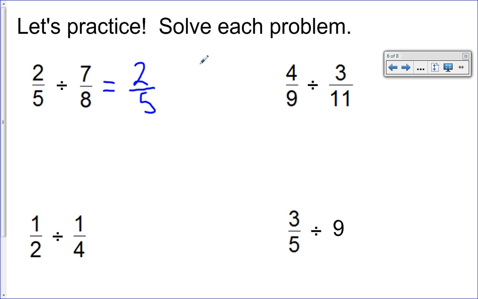I'm going to change my second fraction. 7 over 8 becomes 8 over 7. And the division becomes multiplication. So that will give me 16 over 35.